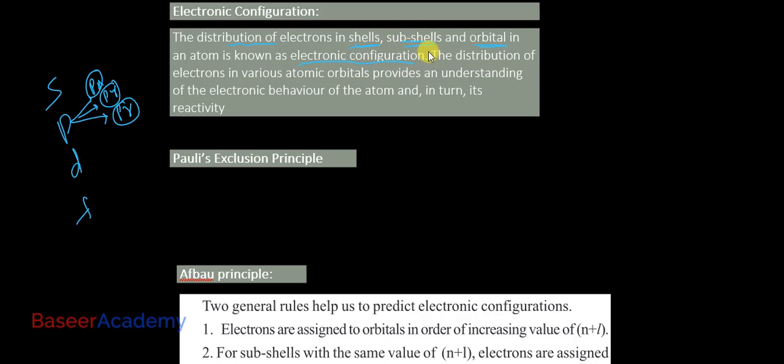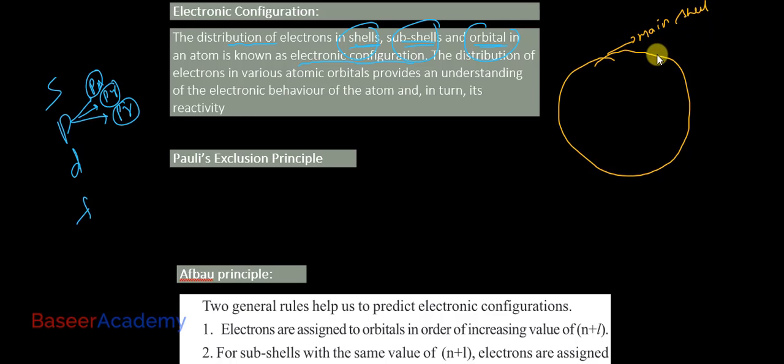Let me be a little more clear with the shells, subshells and orbitals. An orbit is also known as a main shell. And we have seen how many subshells each shell can have. The first shell can have only 1 subshell.